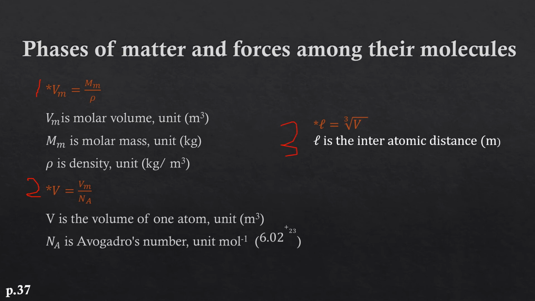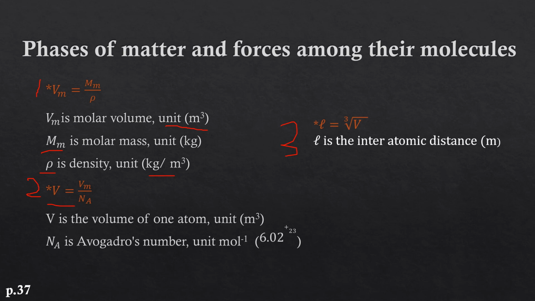Vm is the molar volume, and the unit of molar volume is meter cubed. M is the molar mass, unit kilogram, and rho is the density, unit kilogram per meter cubed.